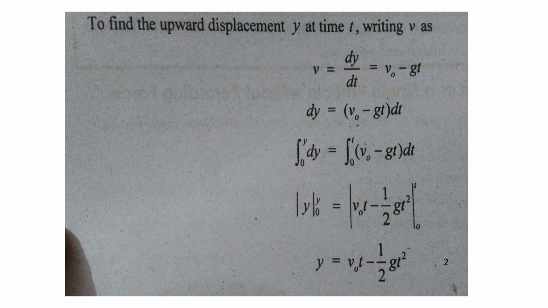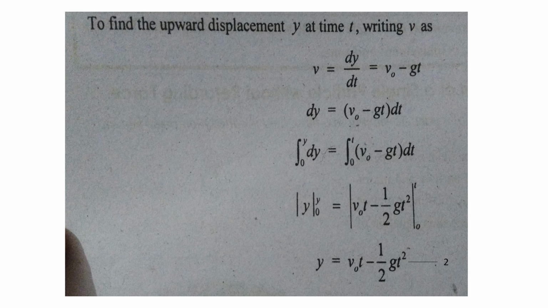Taking dt to the right hand side, we get dy is equal to (v0 minus gt) dt, and then integrating and applying the limits, we get integral from 0 to y of dy is equal to integral from 0 to t of (v0 minus gt) dt.